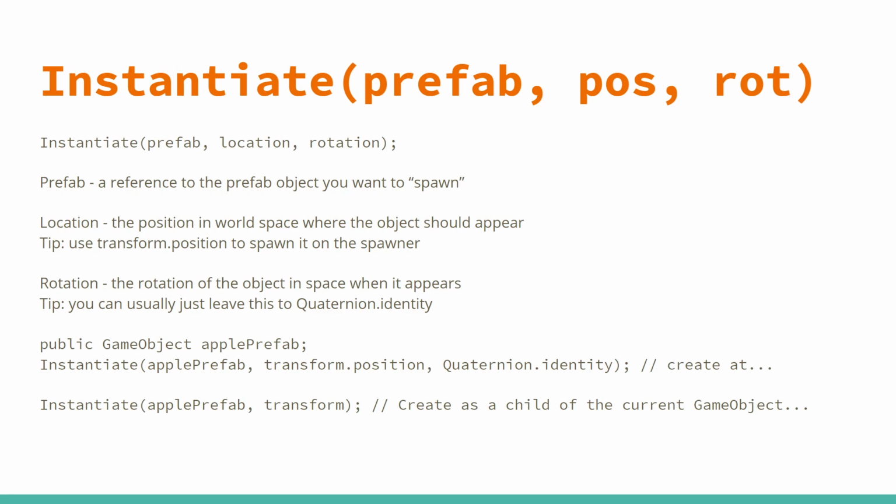Usually when I've seen this done, it's accidental, and that usually leads to problems. So I highly recommend, at least starting out, use instantiate with a prefab that you have made and put in your asset folder. Work from there, and then we'll get fancier later if you want to.